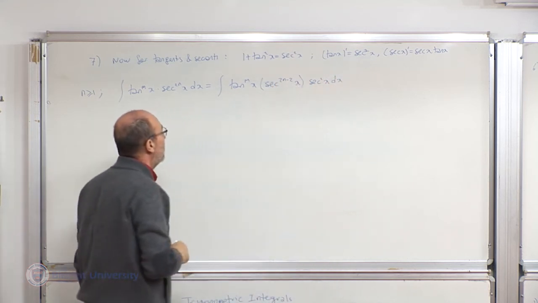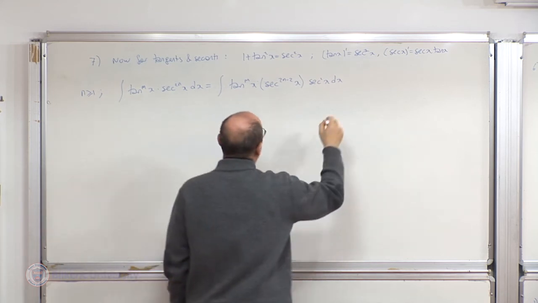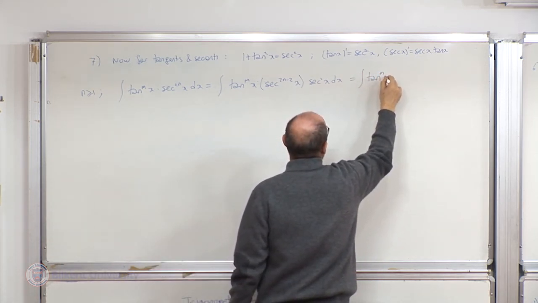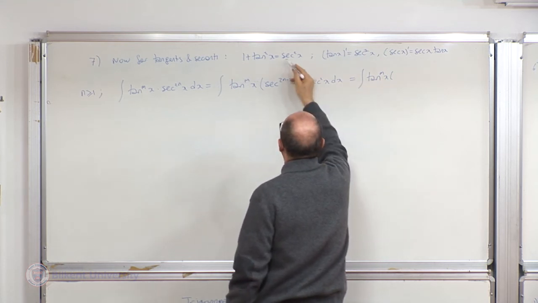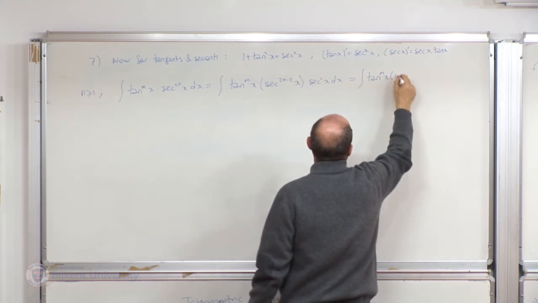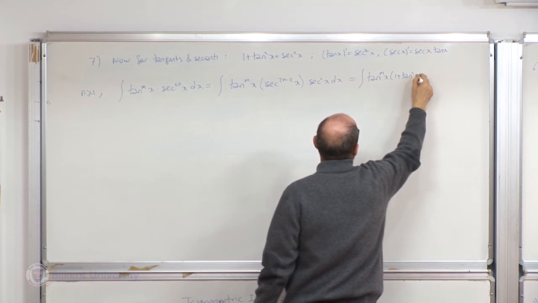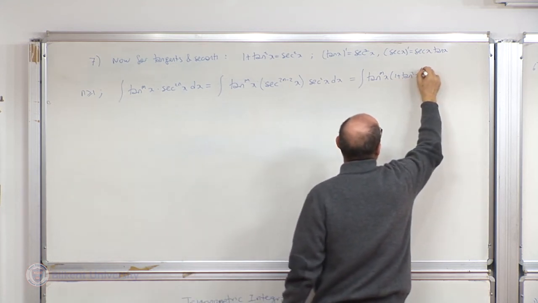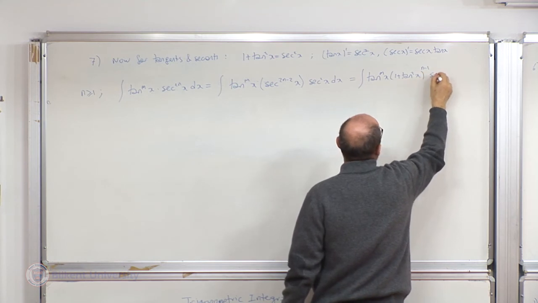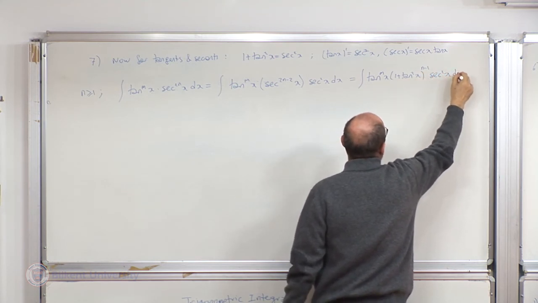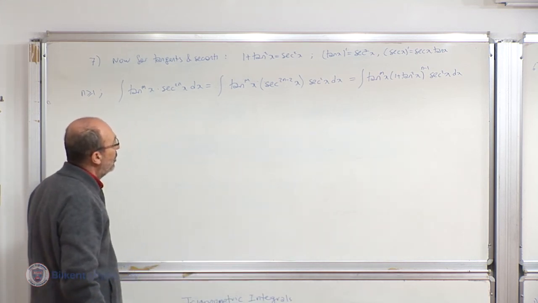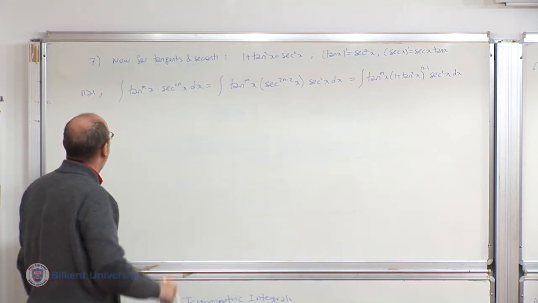So we will write this thing in terms of tangent. Integral tangent mx, secant square is 1 plus tangent square x. So this gives me secant square, I have the power n minus 1, and I have here secant square x dx. Okay, so now I can put u equals tangent x, and everything will work.